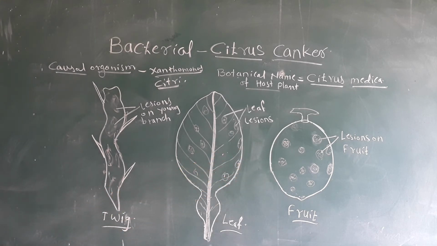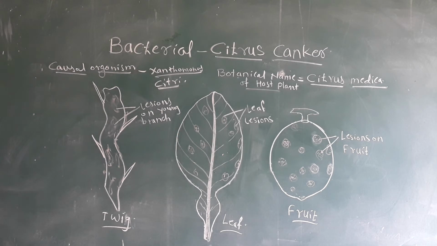These spots appear as irregular, or sometimes these spots can increase in size and several spots can unite, and they form elongated lesions. Many spots can unite and form elongated structures on the twigs as well as on the leaves and fruits.